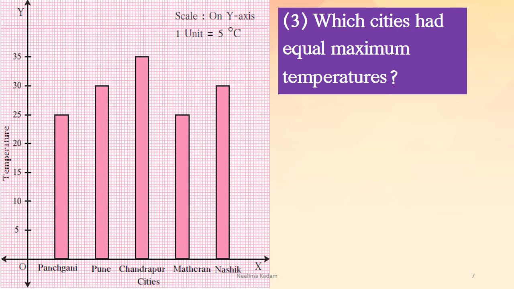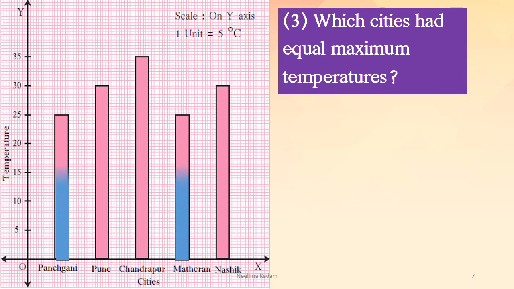So 30, 30 is Pune and Nashik. Pachgani and Matheran have 25, that is equal, and Pune and Nashik have 30 degrees Celsius, that is equal.